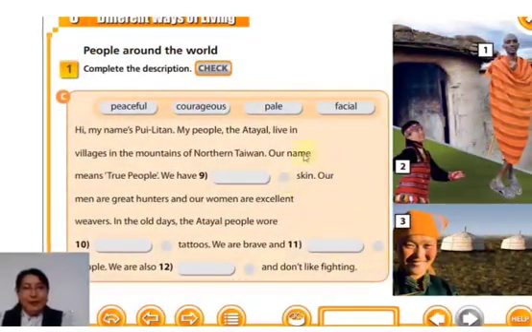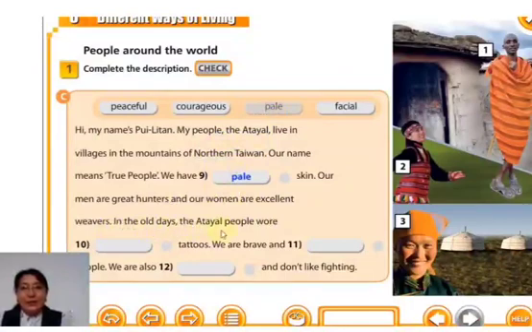Hi, my name is Pulitan. My people, the Atayal, live in villages in the mountains of northern Taiwan. Our name means true people. We have pale skin. Our men are great hunters and our women are excellent weavers.